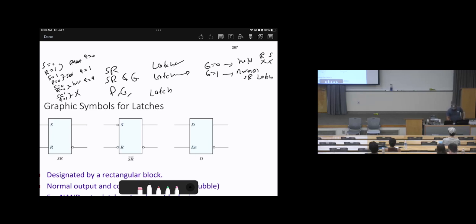In the D latch, depending on the gate, when G equals 0, we are on hold. When G equals 1, then Q will be D. So on hold, Q will be Q, and otherwise Q will be D. In order to distinguish between Q old and Q new, I can write Q star equals Q, such that Q star is the new one.